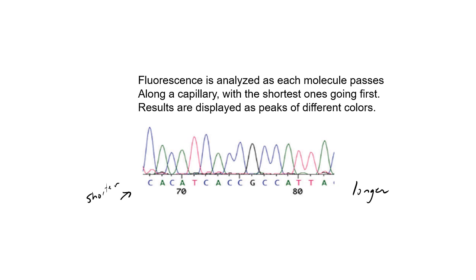So this is reading 5' to 3', with the shortest molecule being first, and then getting longer and longer to the point of several hundred nucleotides usually. Now the machine knows what color is. You don't just sit there reading colors. It will tell you what the actual nucleotide is corresponding to each one of those peaks. So a sequencing trace is typically what one would get, along with a text file saying the actual called bases.